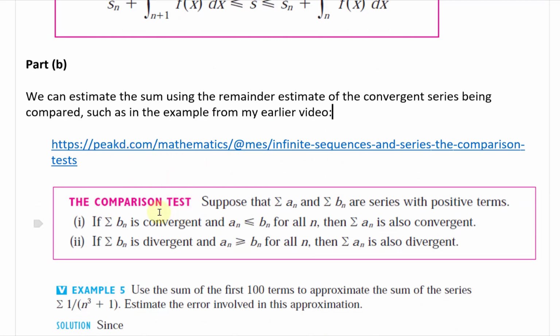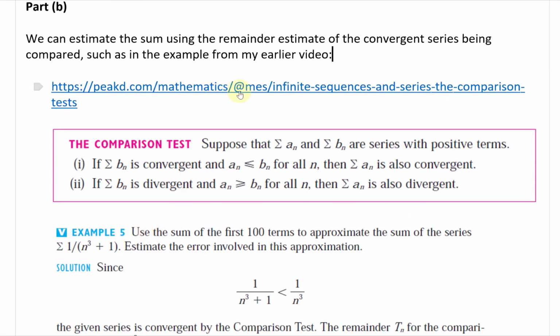It has an example on that. So this is from the earlier comparison test video. Again, a recap on the comparison test: suppose that the series summation of a_n and the series summation of b_n are series with positive terms.